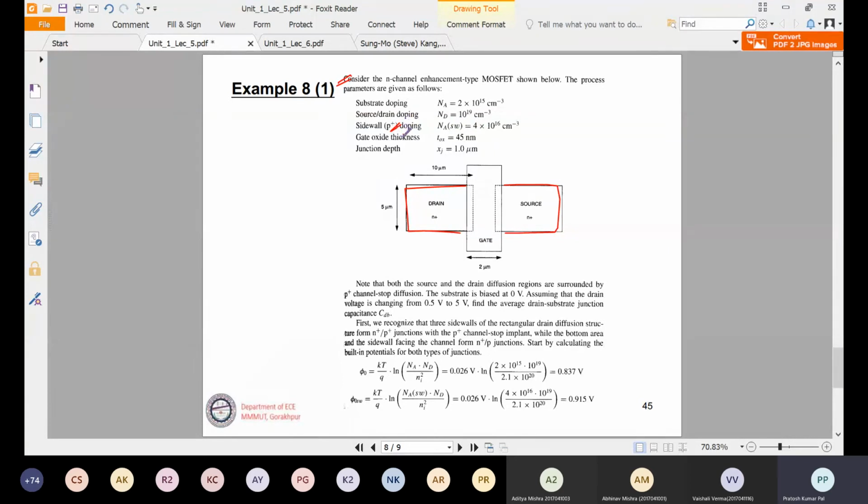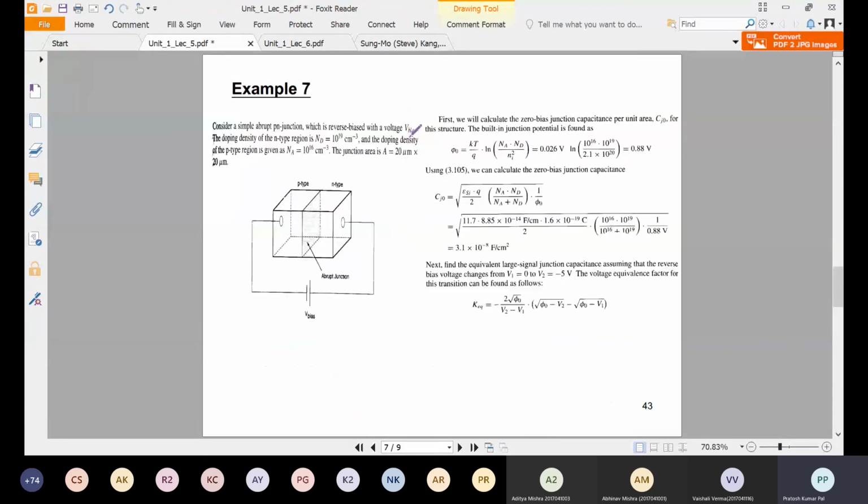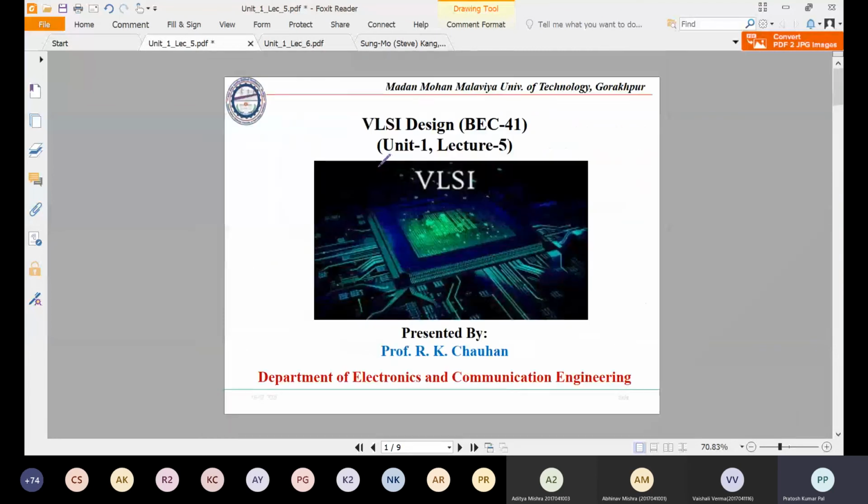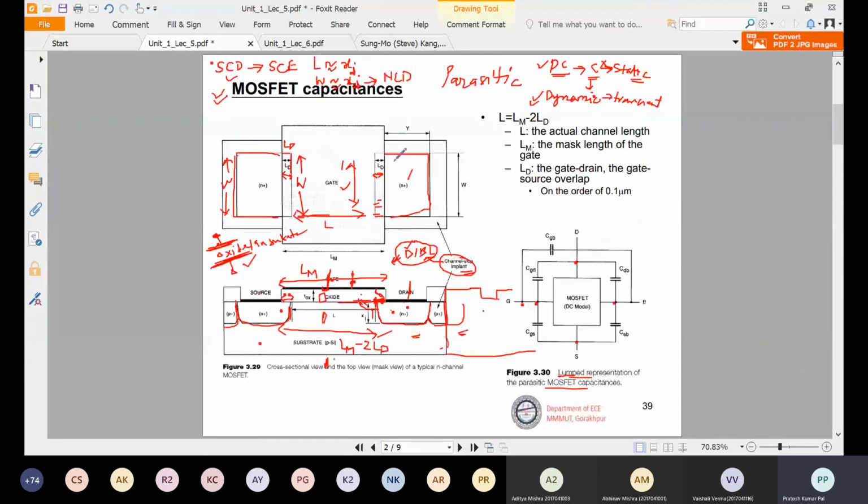This P plus doping is because of what we call the channel stop implant. So we can see this is our N region, the drain or source region, and along with it is the region of P plus doping. This P plus doping is the channel stop implant, and it is talking about this side wall doping.